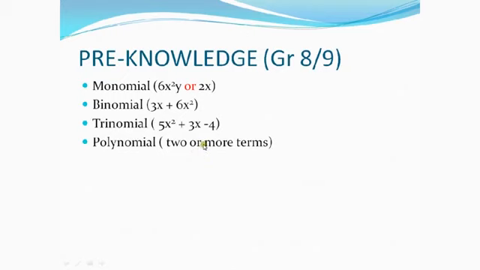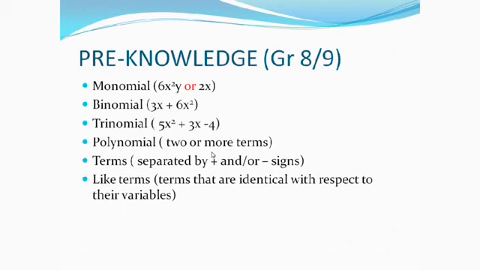So technically, a binomial and a trinomial are examples of polynomials. And we can have polynomials with 4, 5, 6, and so on terms. What is a term? As we have mentioned earlier on, a term would be that which is separated from the other by a plus sign or a minus sign, like I've explained above here.